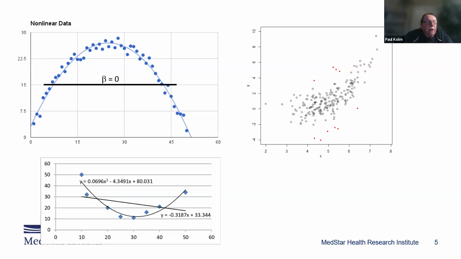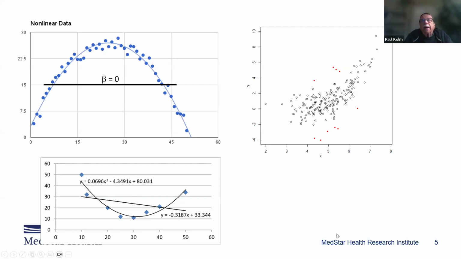The same with the bottom left graph: we have a nonlinear relationship, but if we model that as linear, then we're not going to have a very good representation of the data. You can see that on the bottom right here, the formula is the linear. If we model these as linear, and at the top here, we're modeling it as a nonlinear function where we have the x variable raised to the second power.